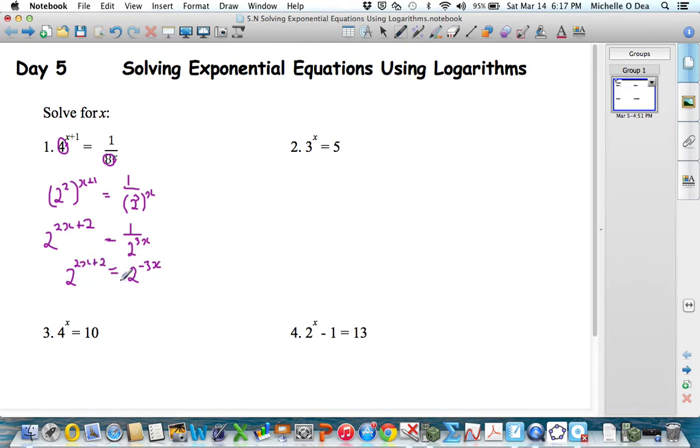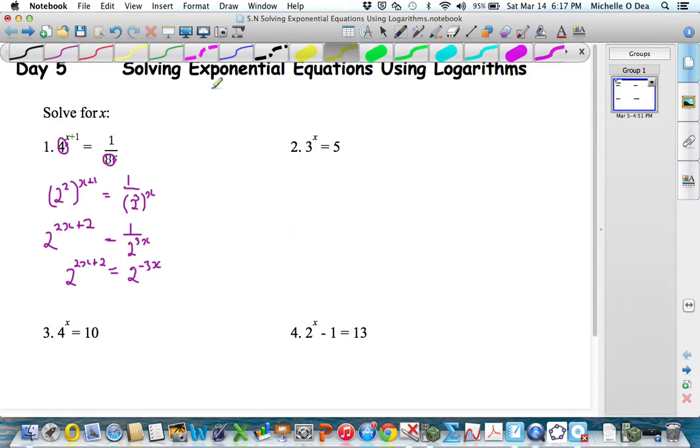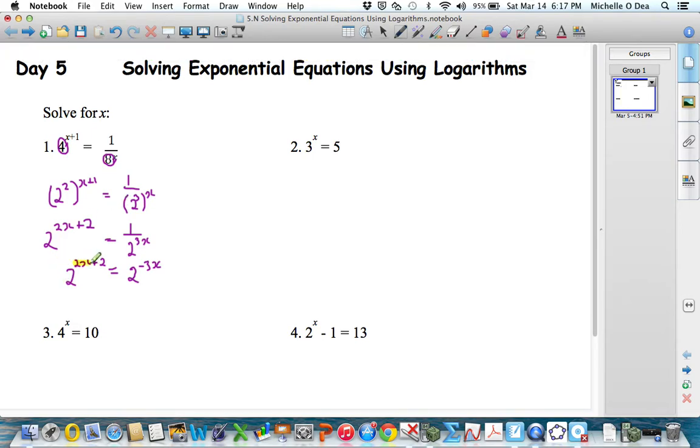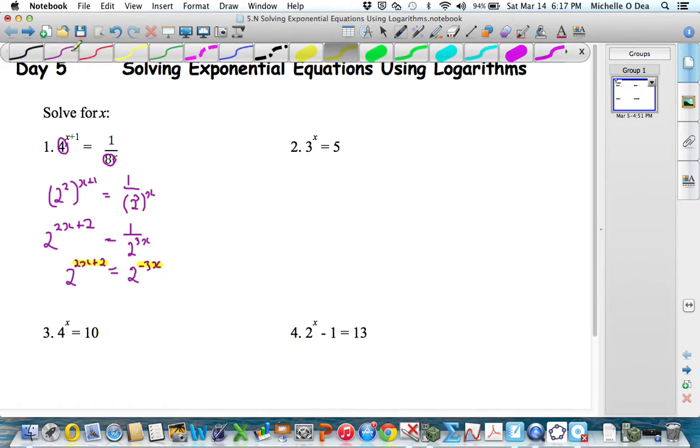And now, because the bases are the same and these two things are equal, the exponents have to be the same. For it to be a true statement, for them to be equal, the exponents have to be the same. So now we can just create a very simple linear equation to solve.